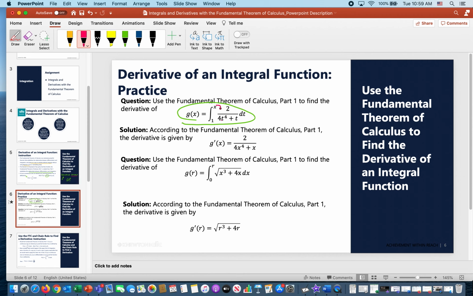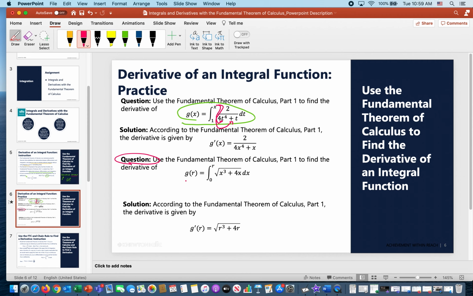So we're going to take this thing and plug it in for all the t's that we have here, okay? So 2 over 4x to the 4th plus x. Okay, we had 2 over 4t to the 4th plus t, but now we've got 4x to the 4th plus x.